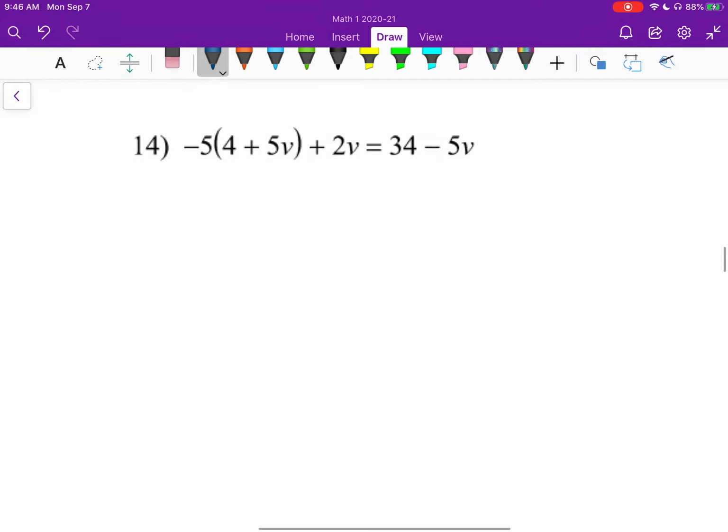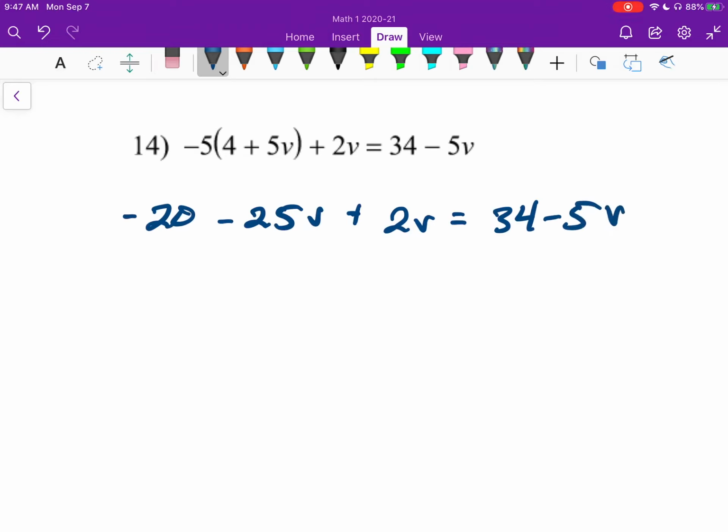Number 14, I can't do any fancy dividing, so I just have to multiply out. We got negative 20 minus 25v plus 2v equals 34 minus 5v. I'm going to add my 20 over. I'm going to add my 5v over.